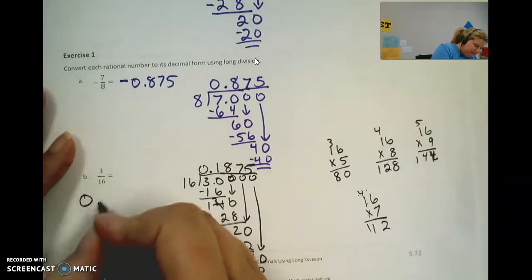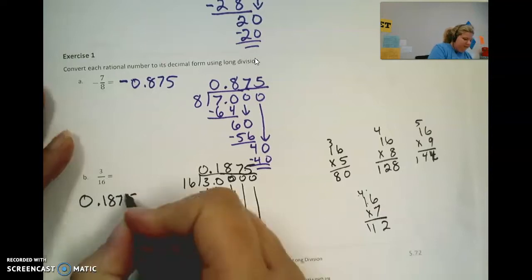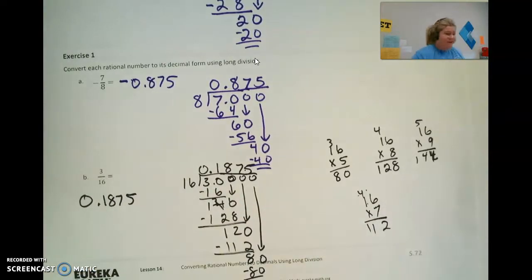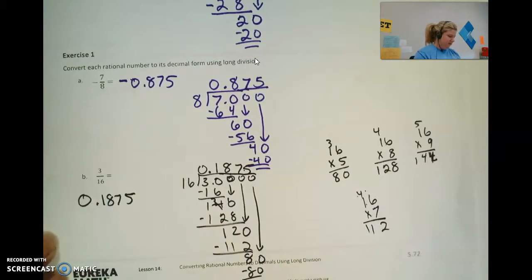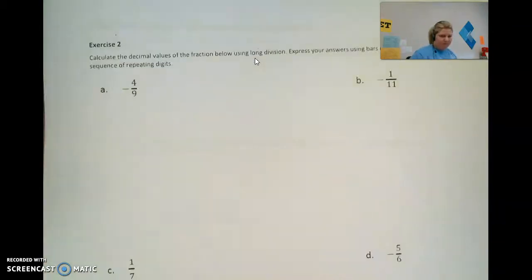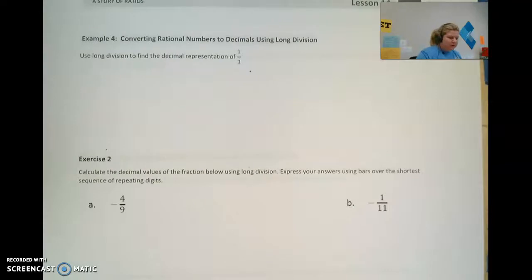So that would be 0.1875, or 1,875 10,000ths. Okay. So I'd like for you to work out this page on your own and then play again after you've worked it out to compare your answers.